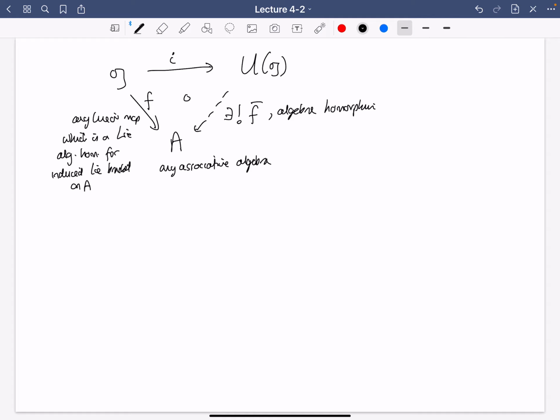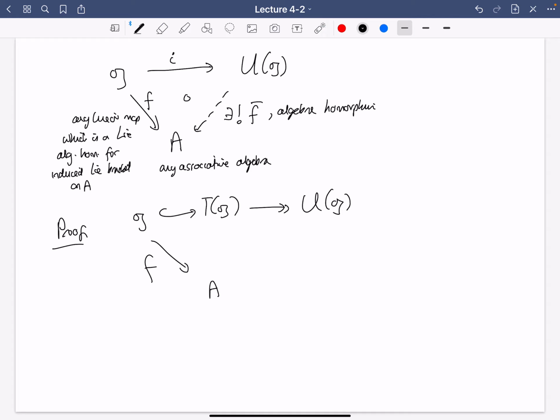And the proof is really just one of those automatic nonsense proofs with universal properties. Because remember, the universal enveloping algebra was constructed from the tensor algebra by taking the quotient by that two-sided ideal.